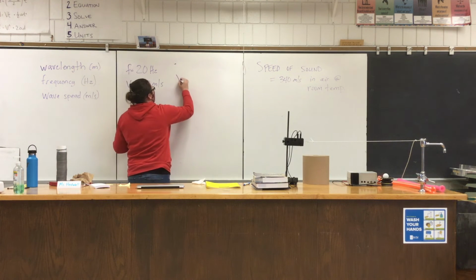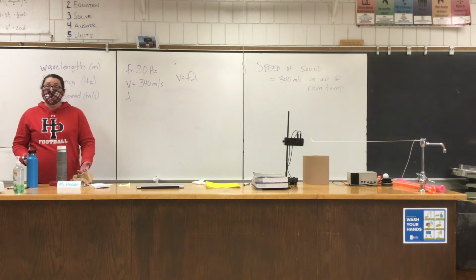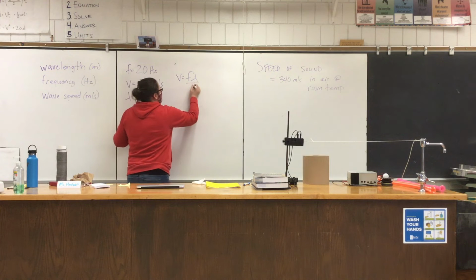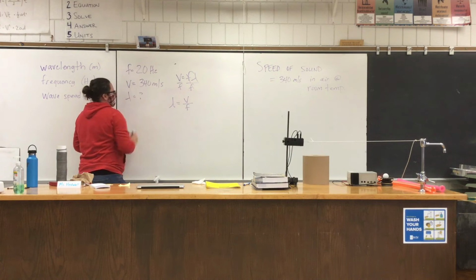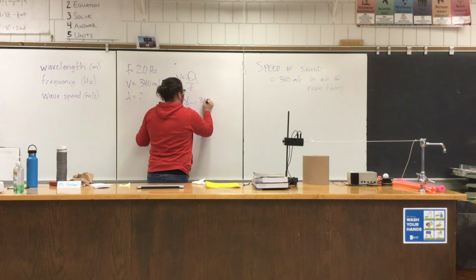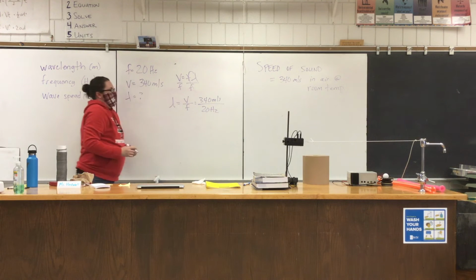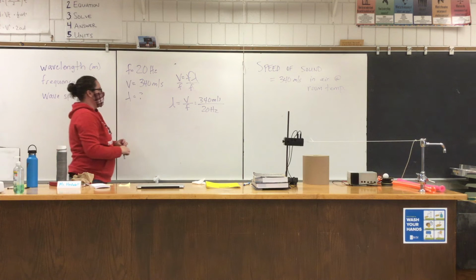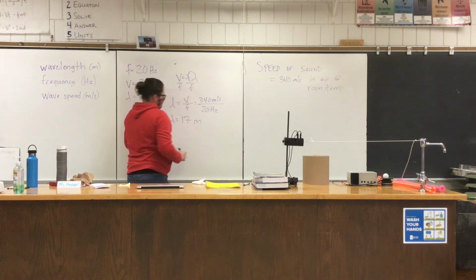So we know that v equals f lambda, and if we're solving for lambda, we can rearrange that, divide both sides by f, so we have lambda equals v over f. We have our velocity, we have our frequency, so we have 340 meters per second divided by 20 hertz. 340 divided by 20 gives us a wavelength of 17 meters.